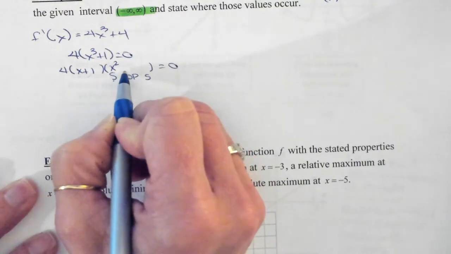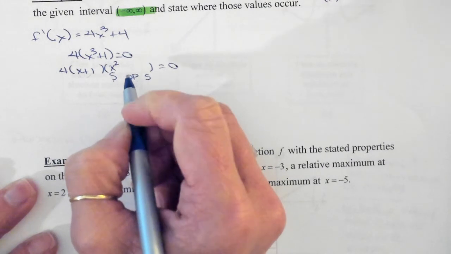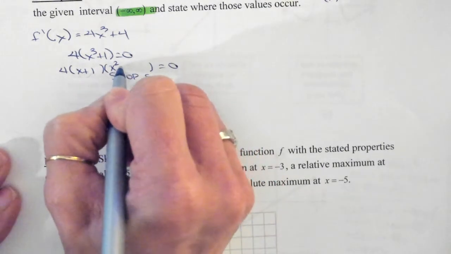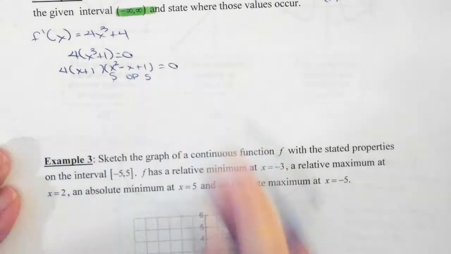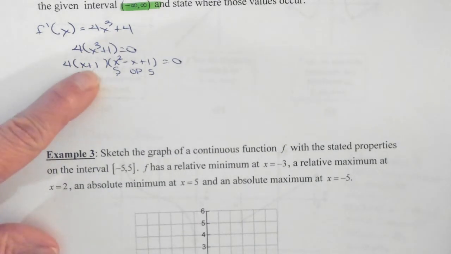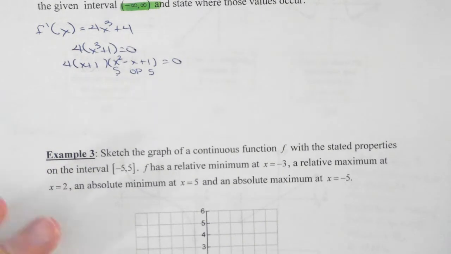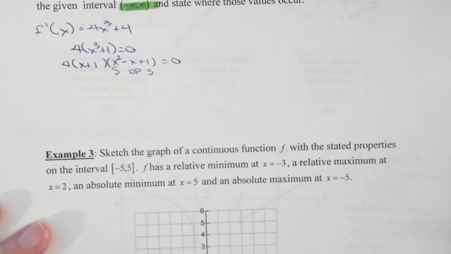So what's 1 times x? What's the opposite of that? Oh, look at that. Negative x. And then this means square the last term. So what is this? Plus 1. Okay, if you did SOAP, you should have gotten the same thing. It's the same. Yeah. Okay.